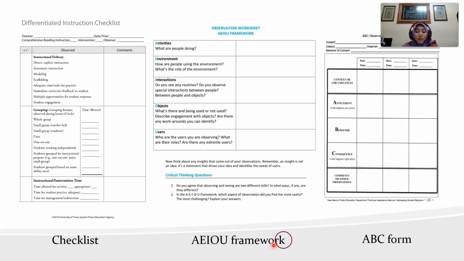And then the AEIOU framework: you have the activities, environment, so you need to fill in what you need to answer the question. Activities, what are the people doing, so put it in the worksheet or the template. And then the ABC form is also for you to fill in: antecedents, behavior, consequence, in the form or in the chart.